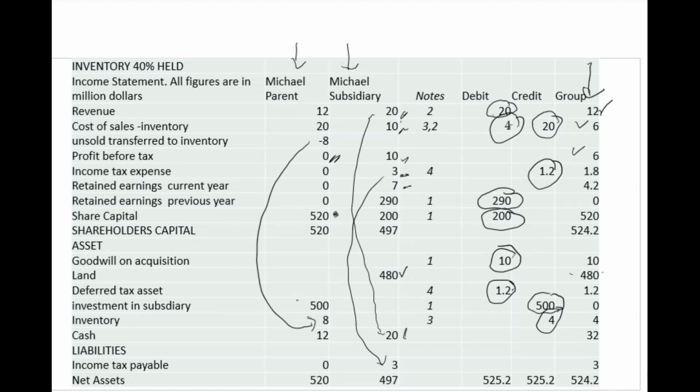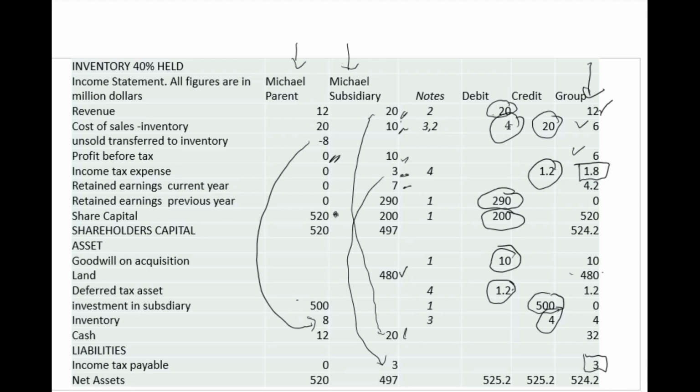So 3 million is the income tax payable because there was a real transaction for Michael's subsidiary. It's income tax payable. But out of that, Michael parent sold 60% of inventory. On that, there is income tax expense, and that income tax expense is 1.8 million. That is in the current year.